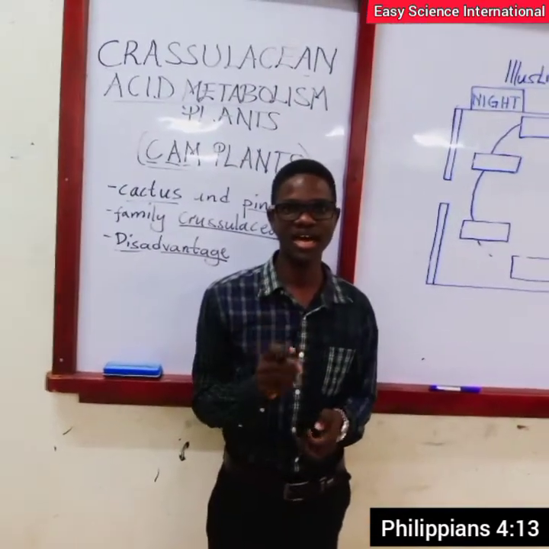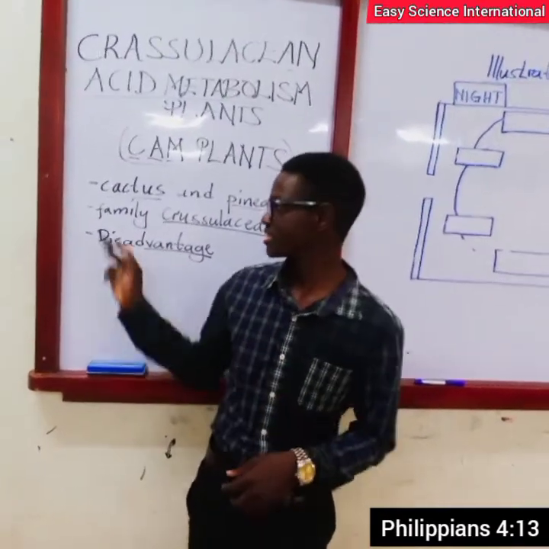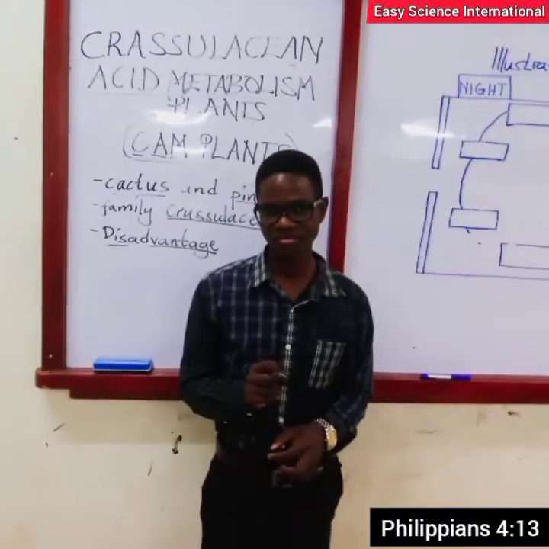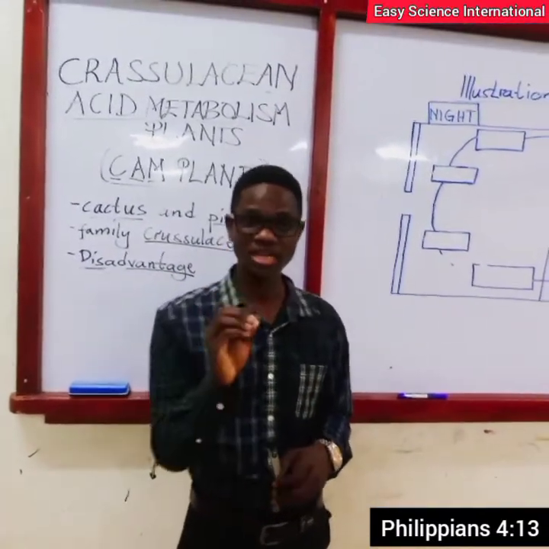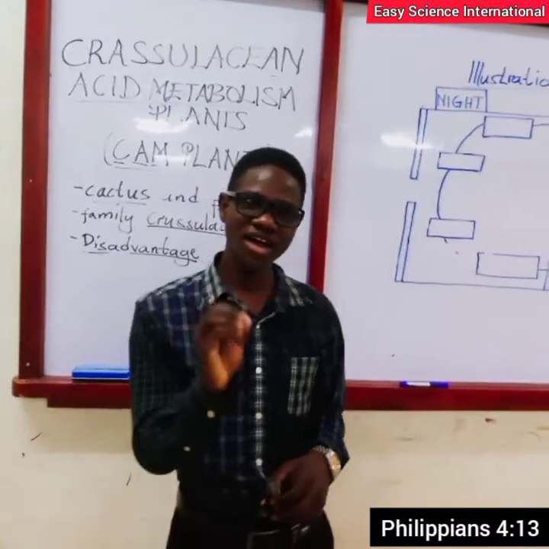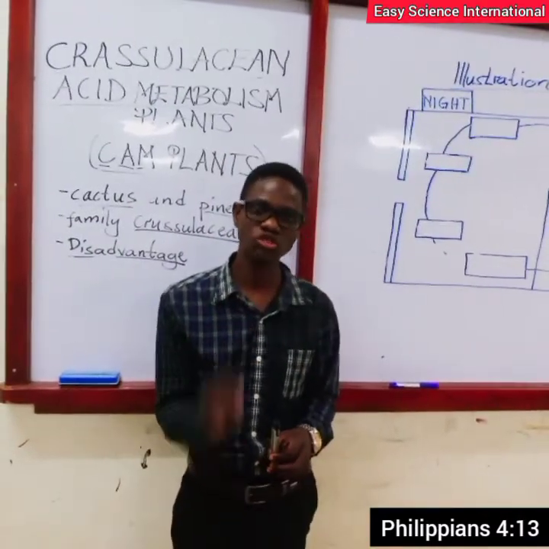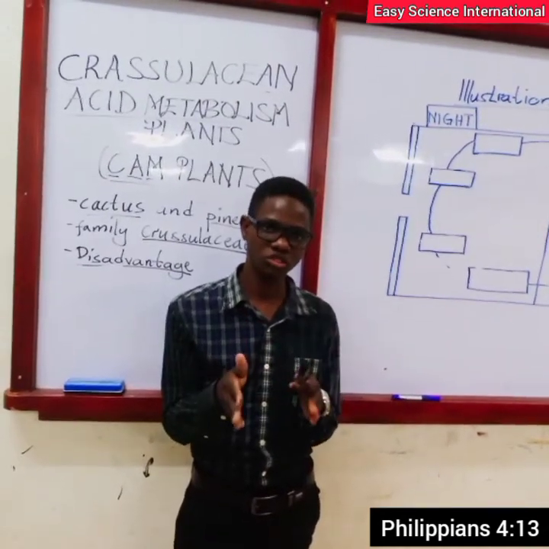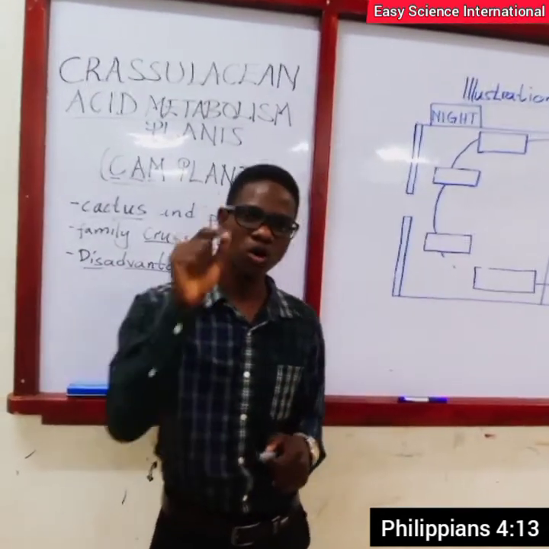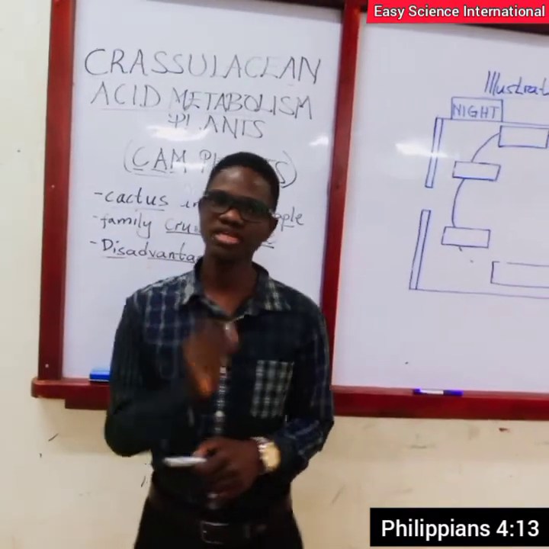And these are desert plants, for instance, the cactus plants. Now, this strange behavior is a physiological adaptation to prevent what we call excessive transpiration in the hot, dry, and windy desert environment.